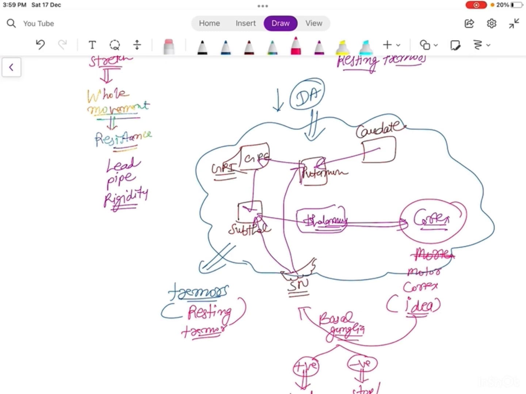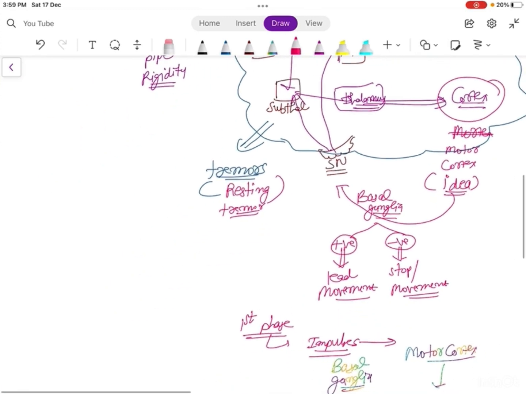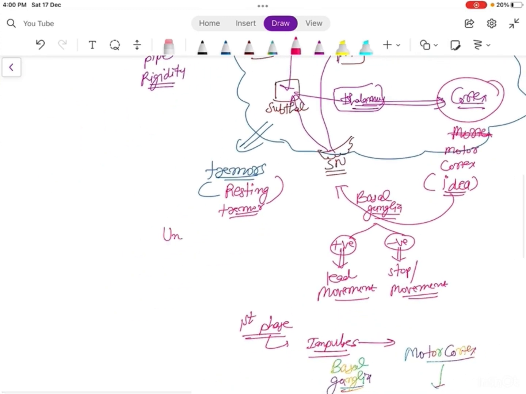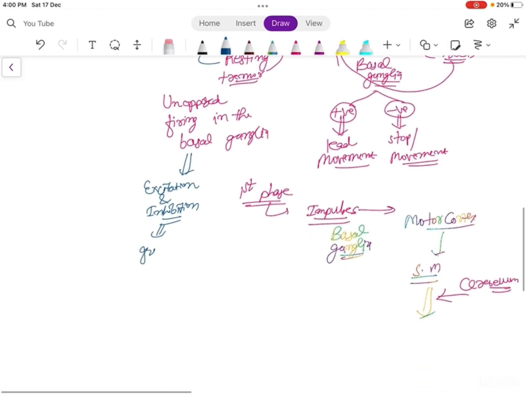I have explained the mechanism behind tremor: there is unopposed firing in the basal ganglia that will lead to excitation and inhibition of a group of muscles, right? So there is a tremor, right?